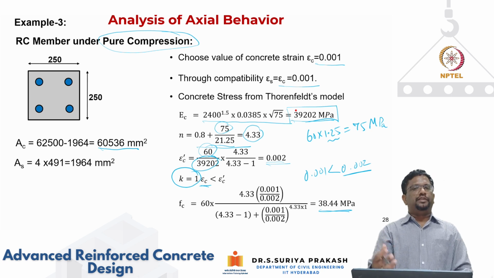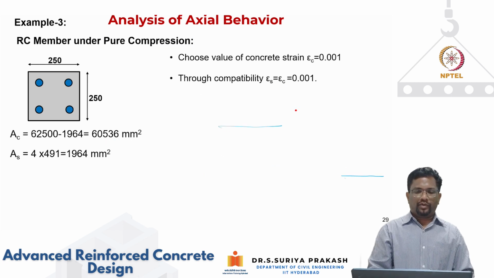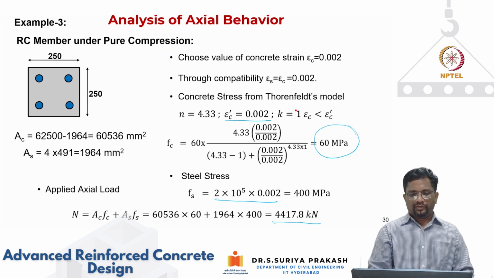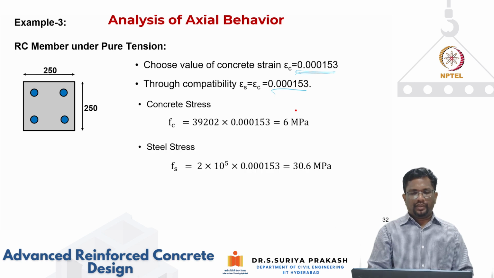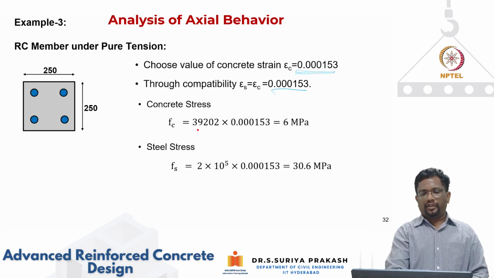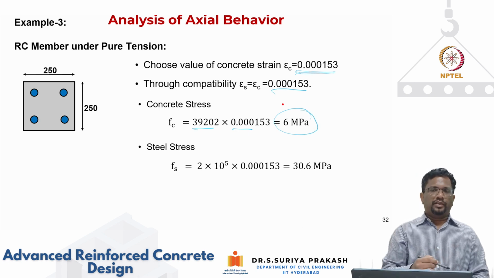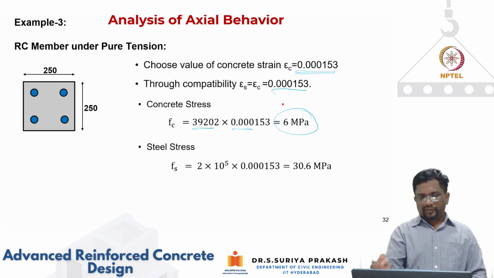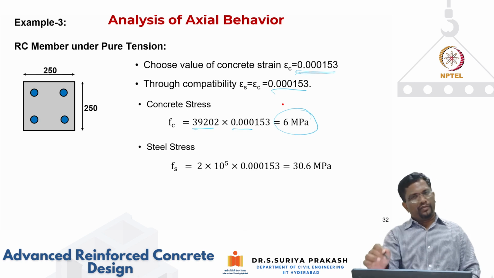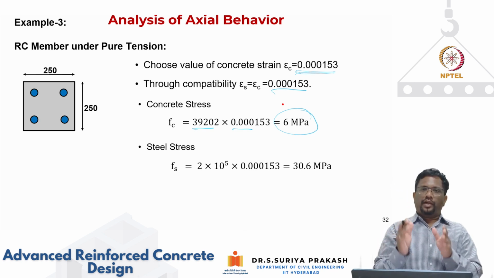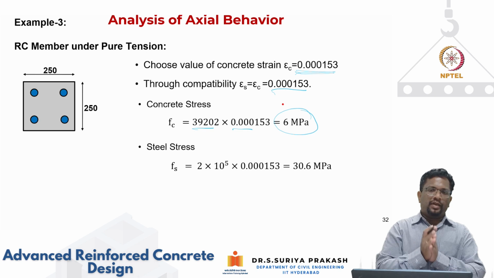This is the EC, the value that is experimentally calibrated for Thorenfeld's equation. So once you have your EC, 39,200 multiplied by this strain will give me my tensile strength at which it is going to crack, which is equivalent to 6 megapascal. This is also why we are doing it specifically at this point. At this point, I'm going to have cracking.